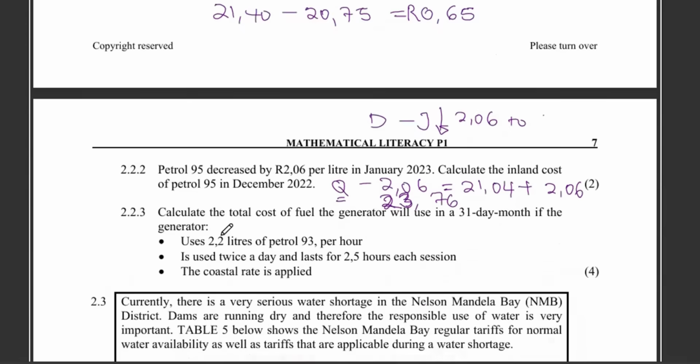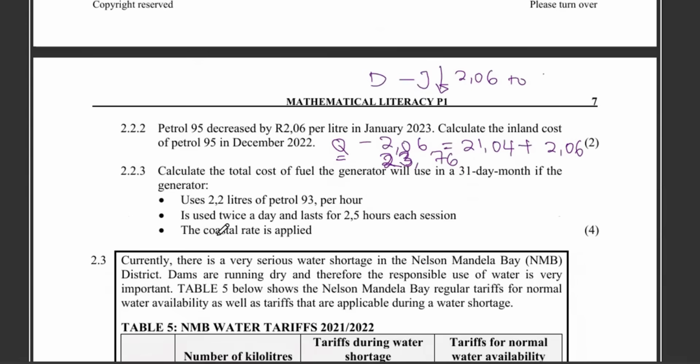Then 2.2.3, calculate the total cost of fuel the generator would use in a 31 day month if the generator uses 2.2 liters of petrol 93 per hour, and it is used twice a day, and the usage lasts for 2.5 hours each session.